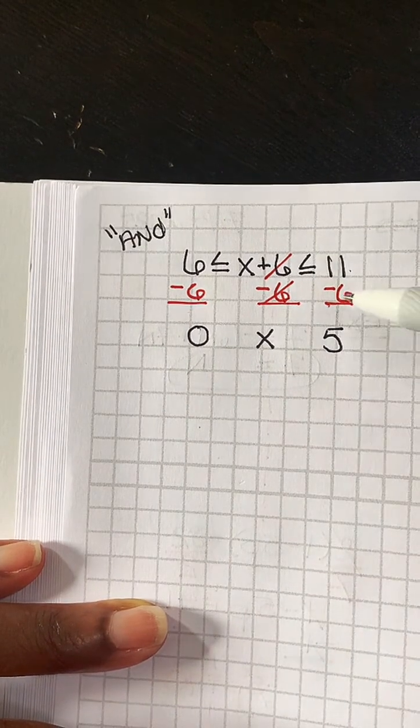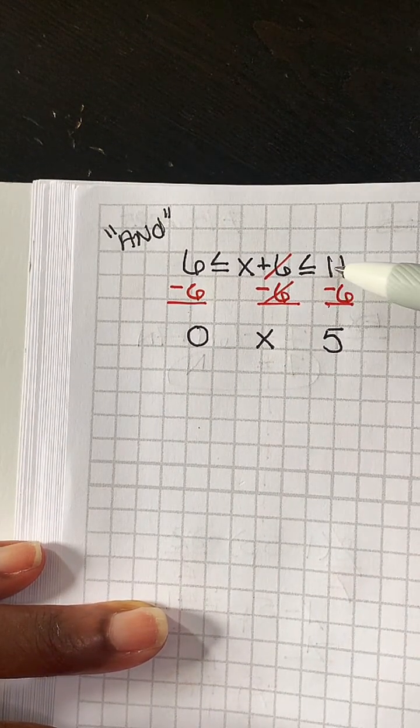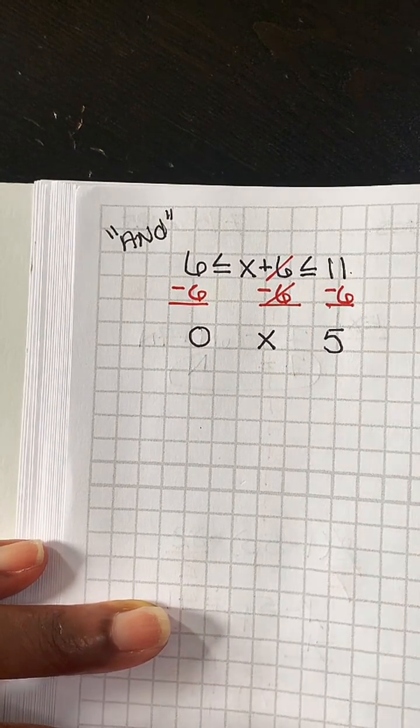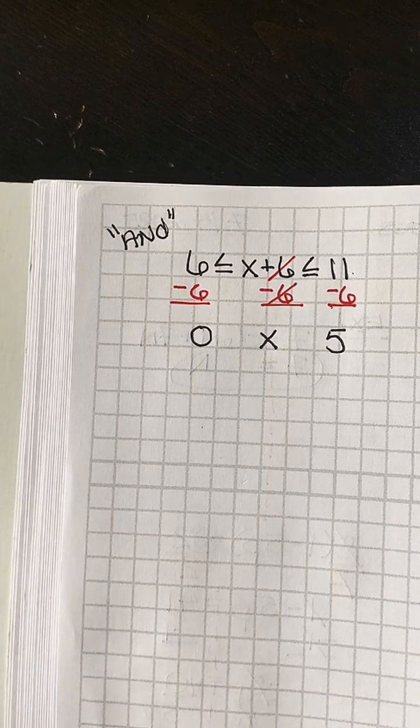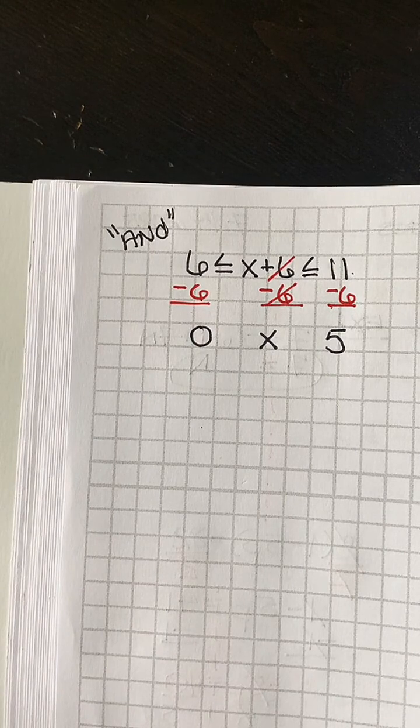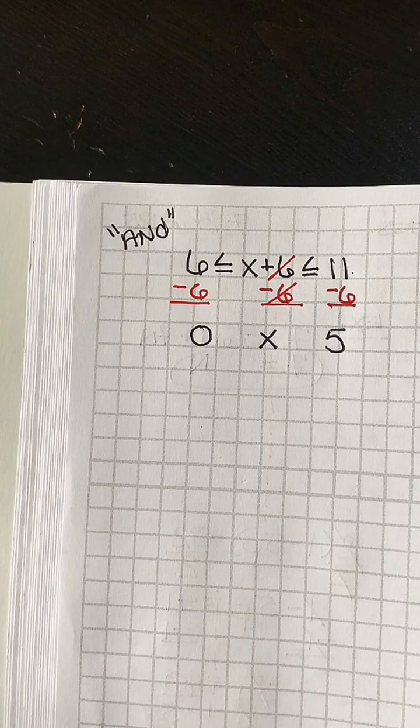Now, do I change the direction of the signs? Do we change the direction of the signs? Gail is saying no. Bundles, no. Good. Cooking, no. Ohio, I'm going to say no. Awesome.